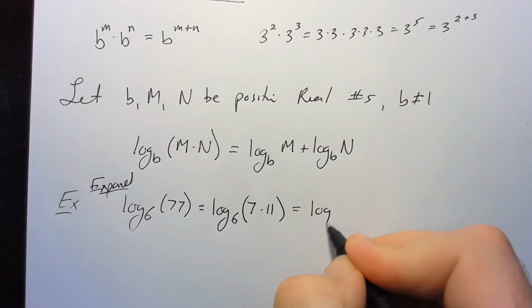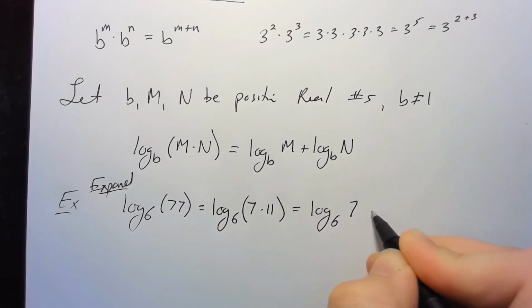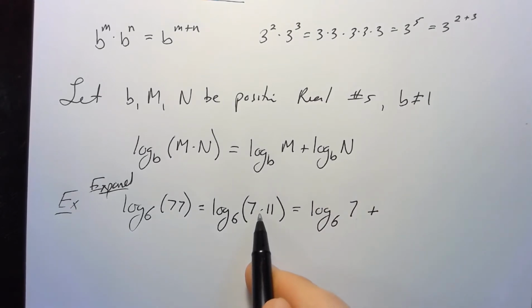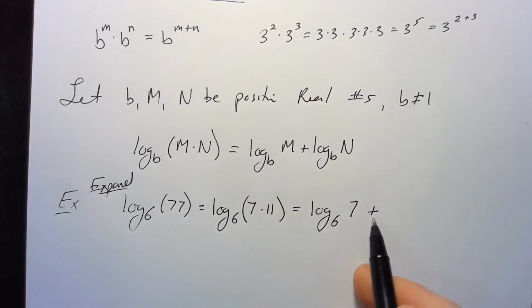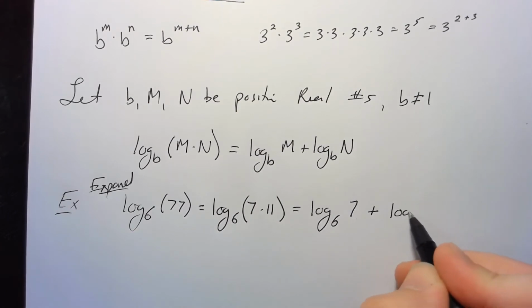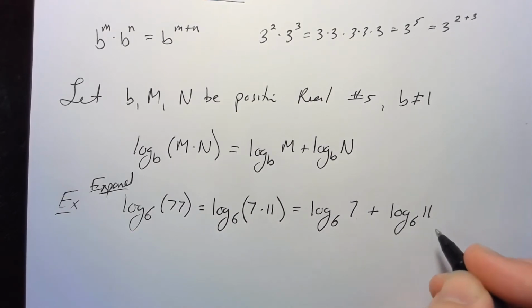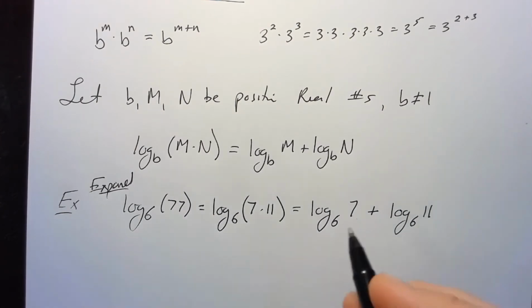This then also will equal log base 6 of 7 plus, again, notice that the multiplication here will change to an addition, and I'm going to have to write a second log function to express the other piece. So this shows us that this expanded becomes this.